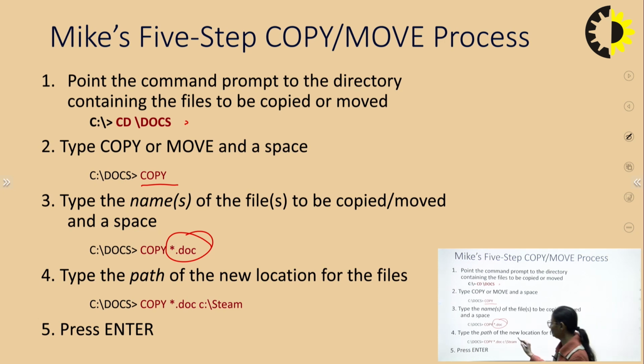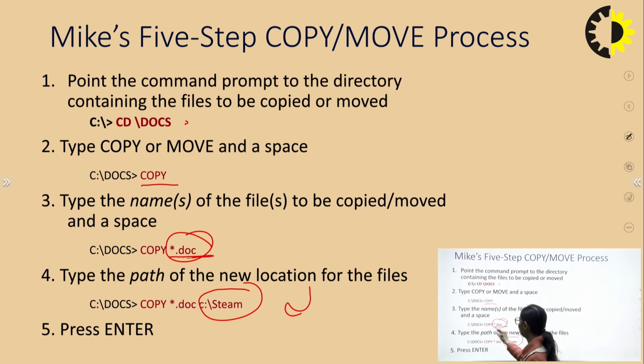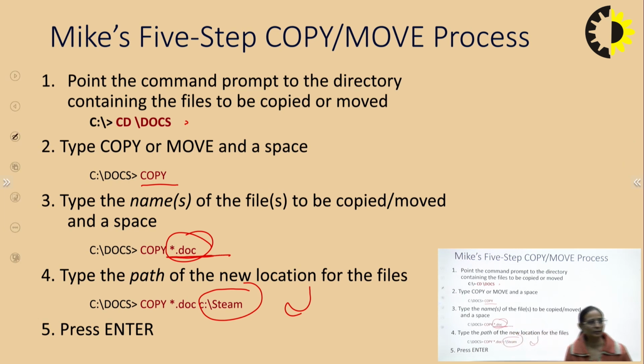So this is my new location, and then you need to press enter. So what will happen? All those files ending with that extension, that is all the documents which you have in your folder docs, from there all those files would be copied to another folder by the name Steam.